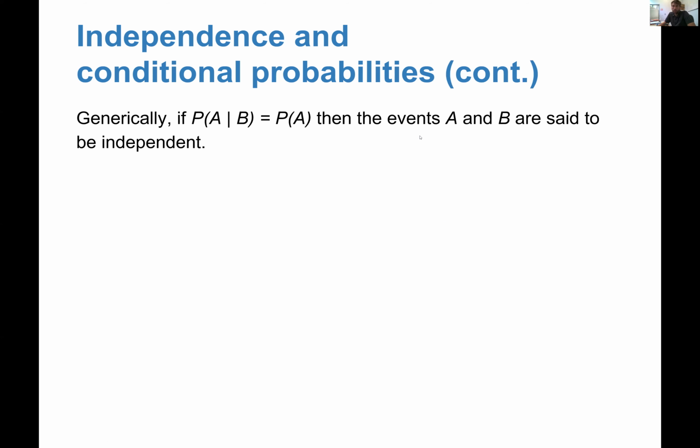Okay, generically, if the probability of A given B equals the probability of A, then the events A and B are said to be independent.